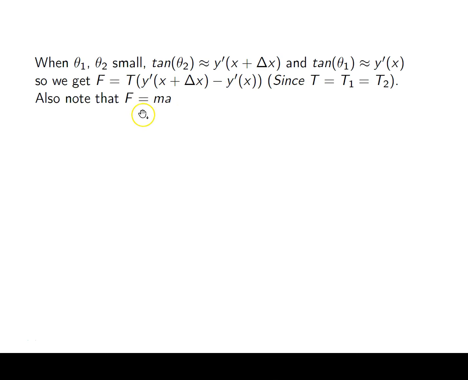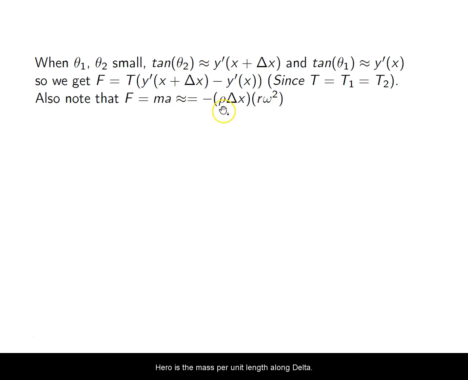Okay. So another way to derive f is to note that f is the same as mass times acceleration, which is approximately the same as negative rho delta x times r times omega squared. I should take out this equal sign.